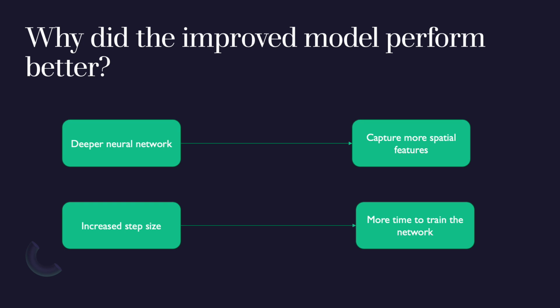Enhanced feature extraction. More layers mean more opportunities to capture subtle spatial details. Optimized training. Increasing the step size provided the network with more opportunity to converge on an optimal solution.